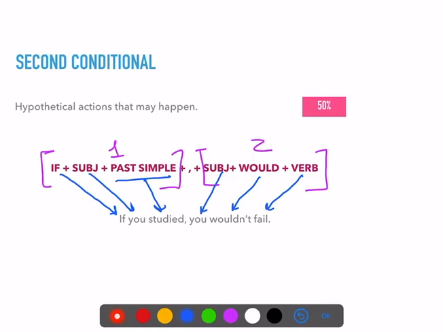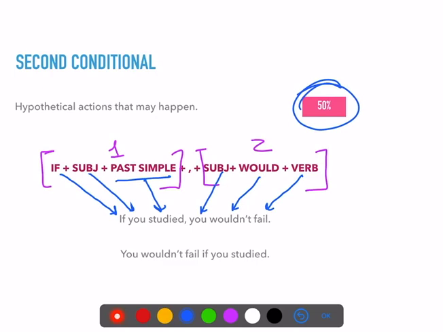It's not the same saying, si no estudias, suspenderás, first conditional. Si tú estudiases, no suspenderías, second conditional. 50%. Okay? It means that here in the second conditional, if you at the end decide to start studying, you may pass the exams. So it's a small possibility that it happens.